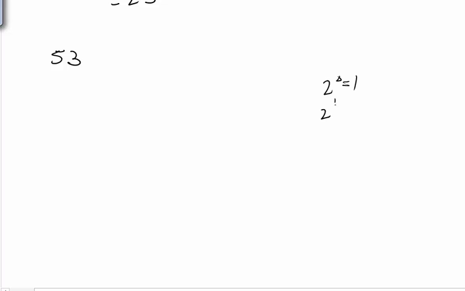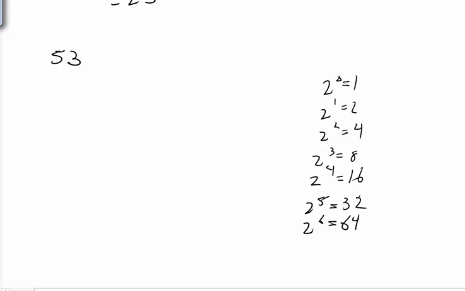So 2 to the 0, 2 to the first, 2 squared is 4, 2 cubed is 8, 2 to the 4th is 16, 2 to the 5th is 32, and 2 to the 6th is 64. Okay, so obviously 53 is somewhere between 2 to the 5th and 2 to the 6th. So I want to know what multiple of 2 to the 5th would go in there. Obviously just 1.